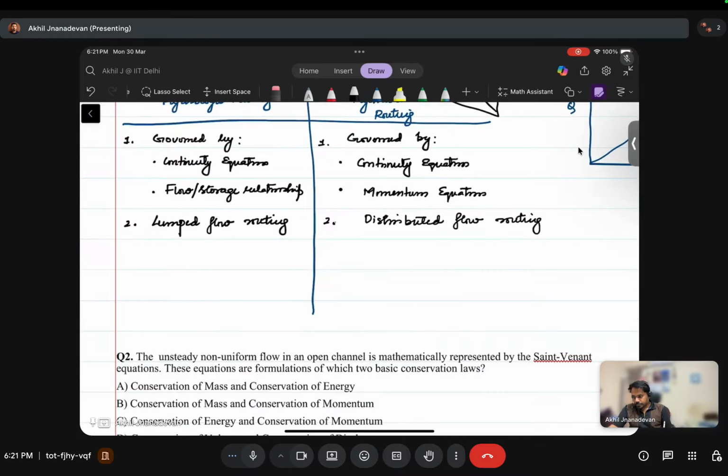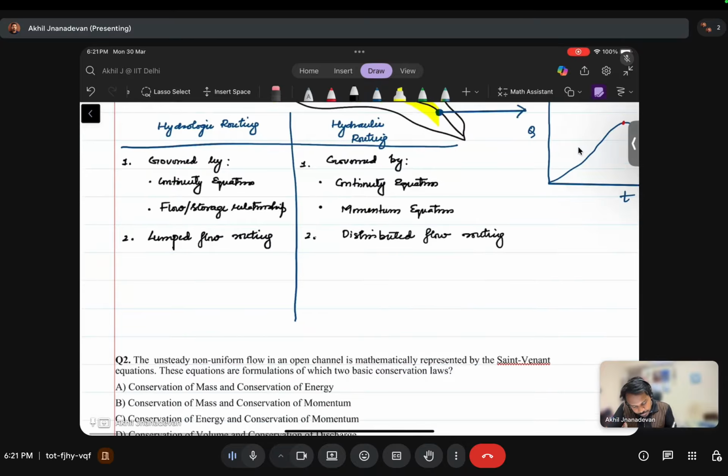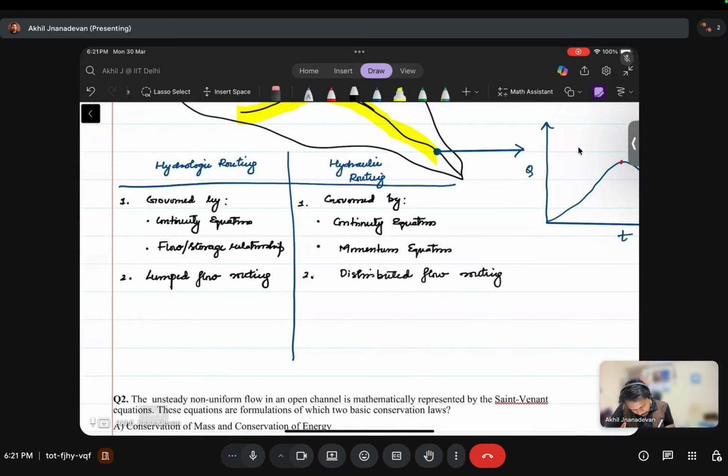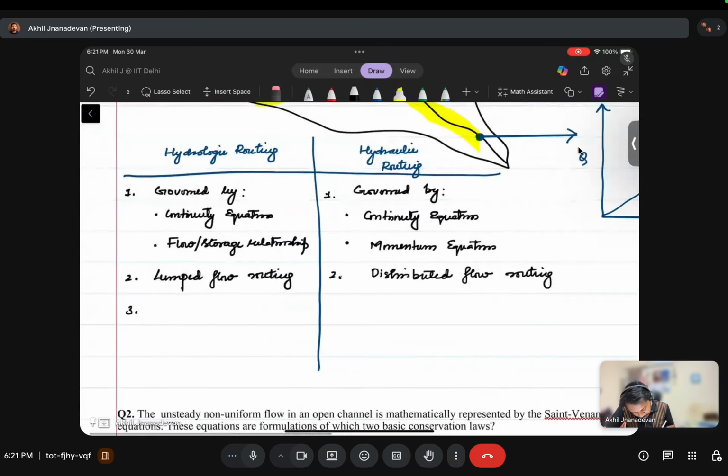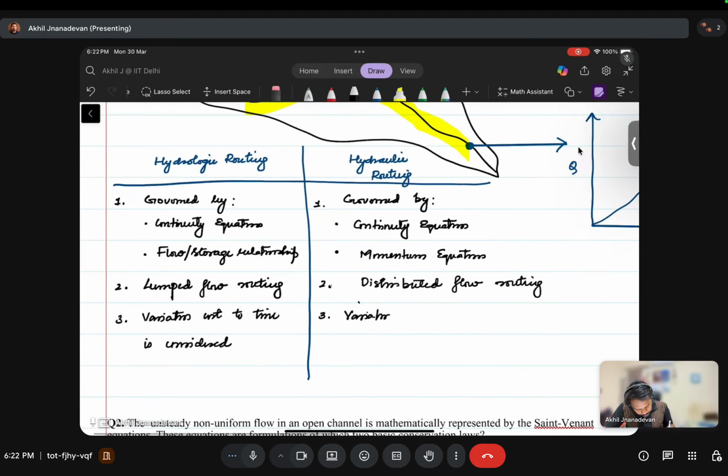Okay, and finally, the third point is that in hydrologic routing the variation with respect to time is considered, and in hydraulic routing, the variations with respect to both time and space are considered.